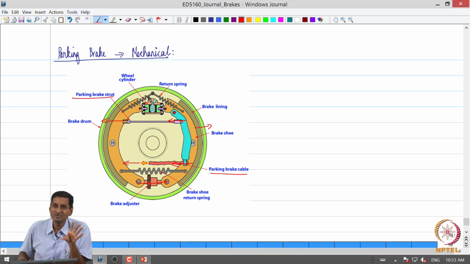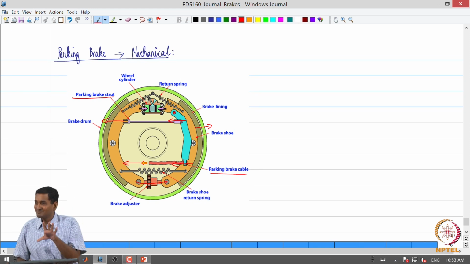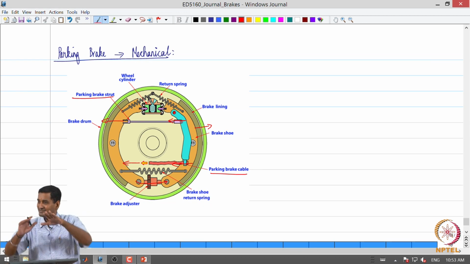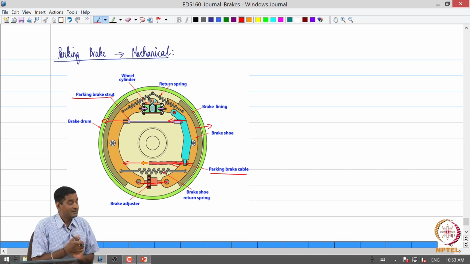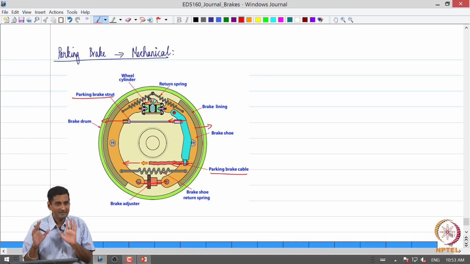We just want to ensure that the vehicle does not move when there is a disturbance on it, or when the vehicle is parked on a slope, W sin theta does not make it move down the slope, right. So, we just provide enough brake torque, right, to enable that it is stationary. That is the function of a parking brake.